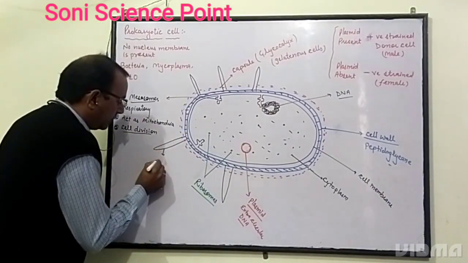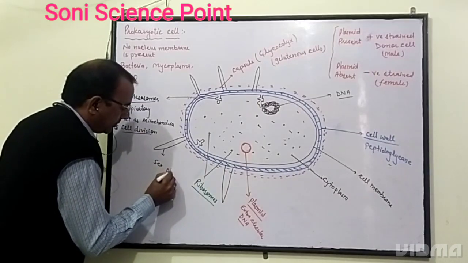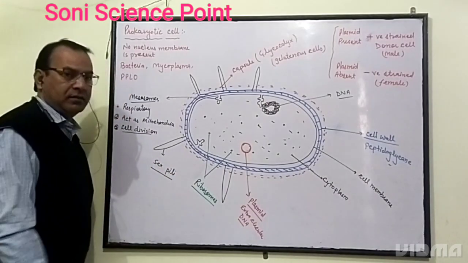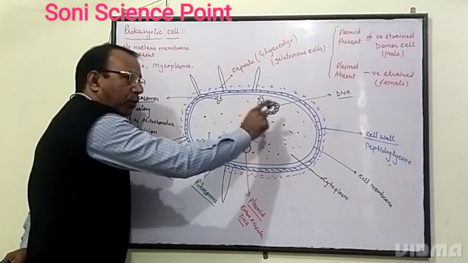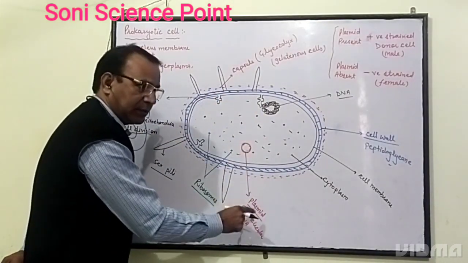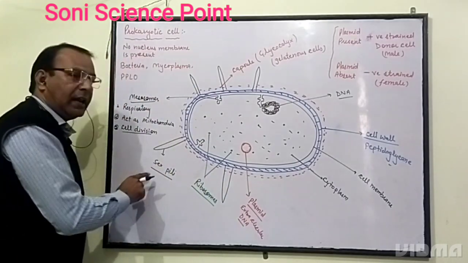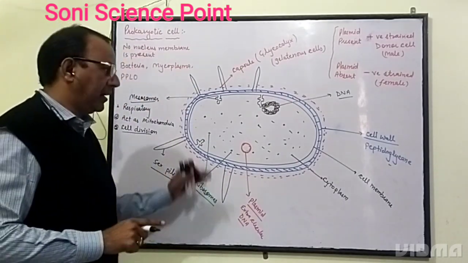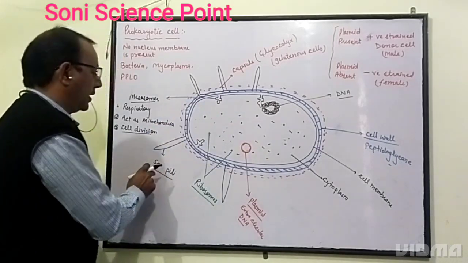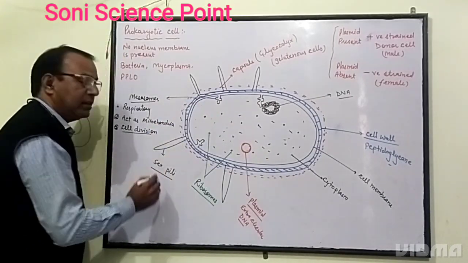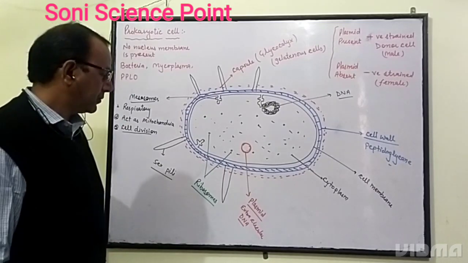These are called sex pili. The sex pili are only present in those prokaryotic cells which contain plasmid because they help in conjugation and transfer the genetic material from one cell to another cell. So they are called sex pili.